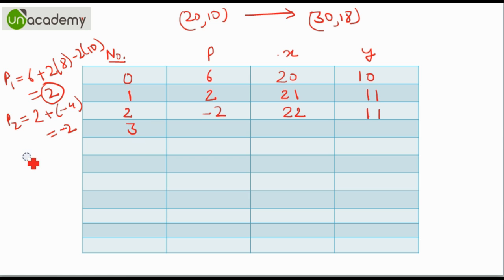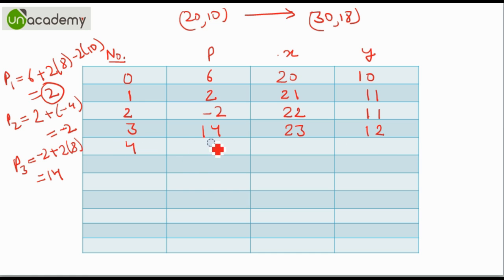Similarly in the third iteration we will have minus 2 plus, since the previous p value was negative, this time we will have only twice of delta y. So p3 will come out to be 14. We will increment the x value and since this is positive we will also increment the y value.